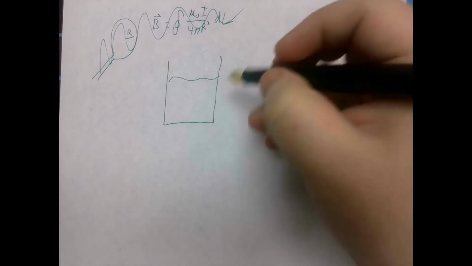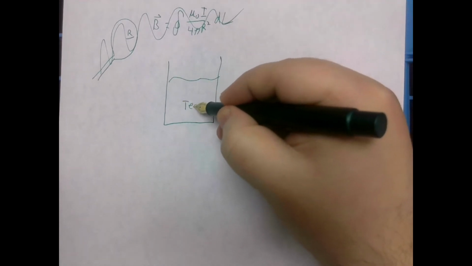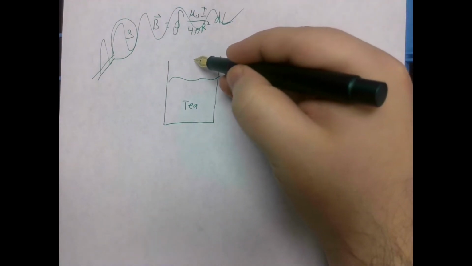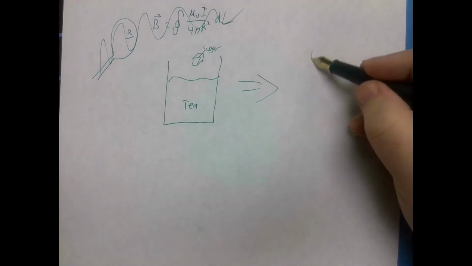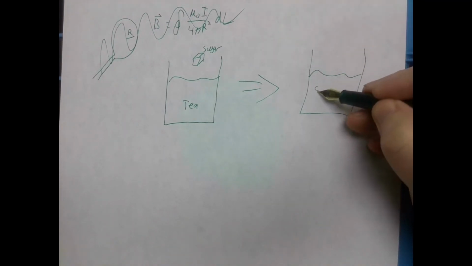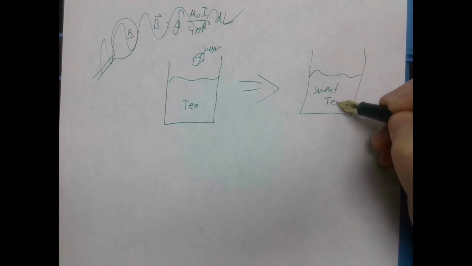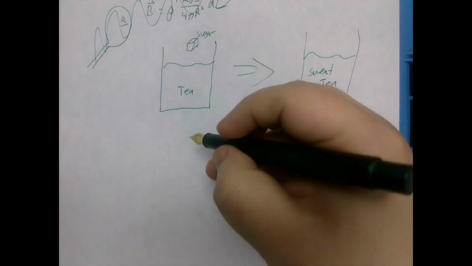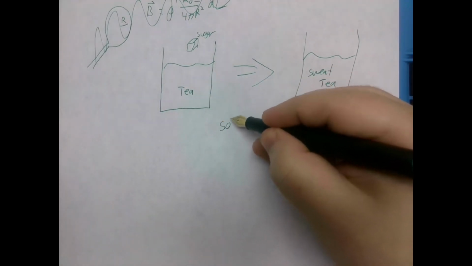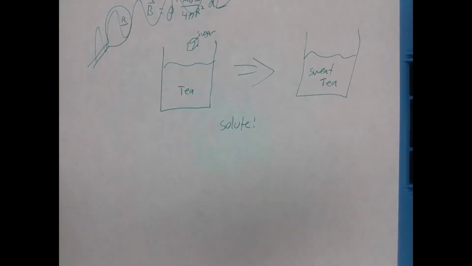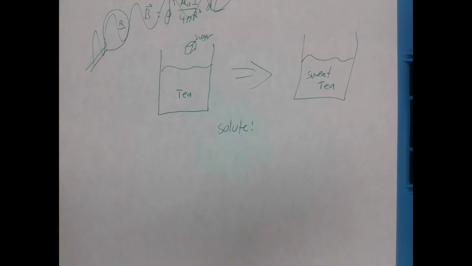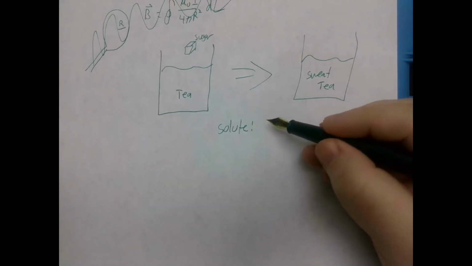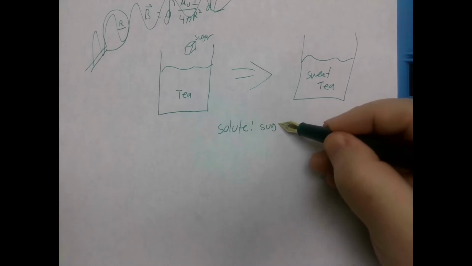I have some tea, and I'm putting in a sugar cube. Making sweet tea. What is the solute? It's the water. Just kidding. It's the sugar.